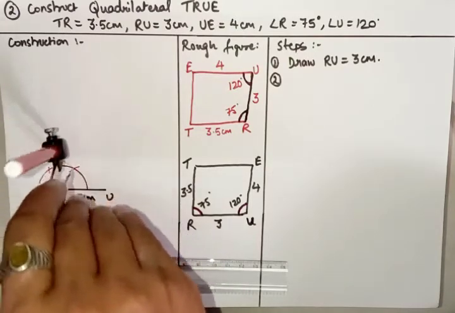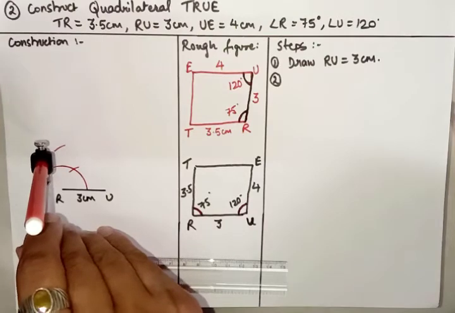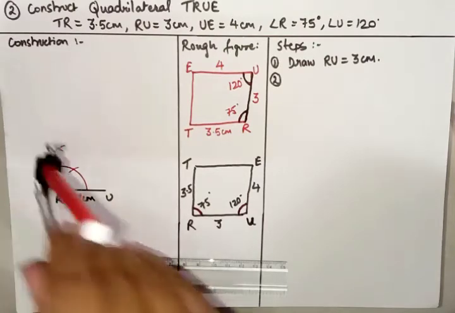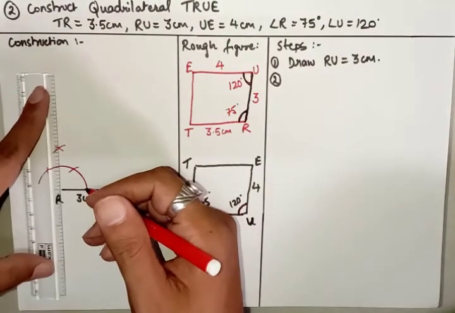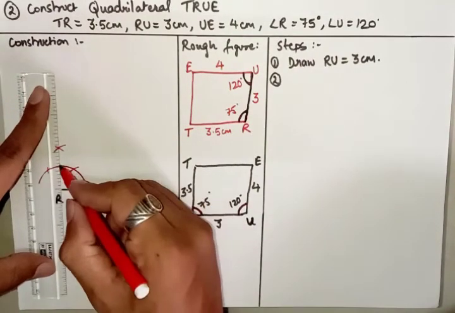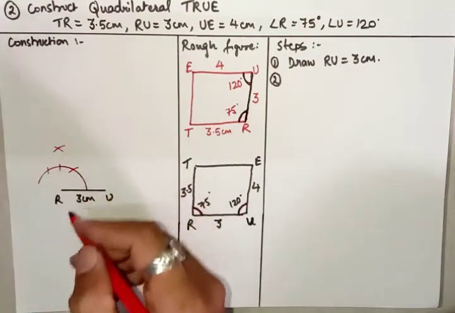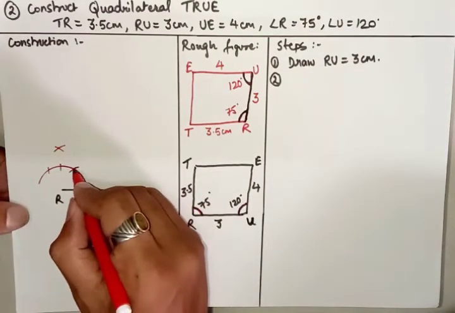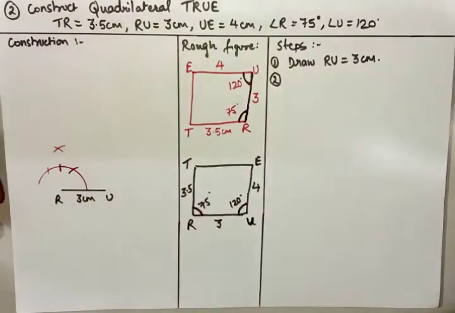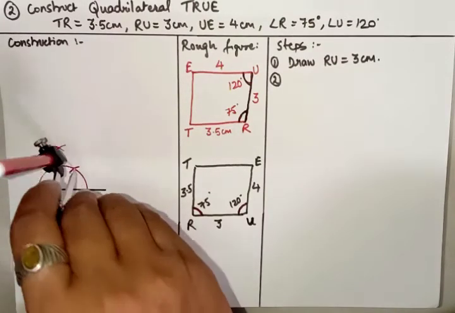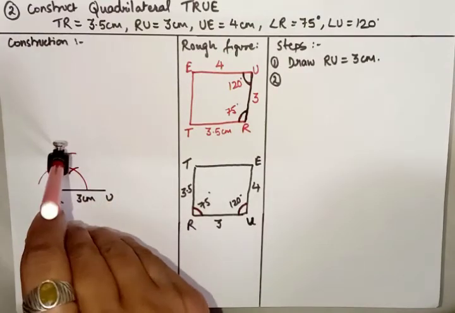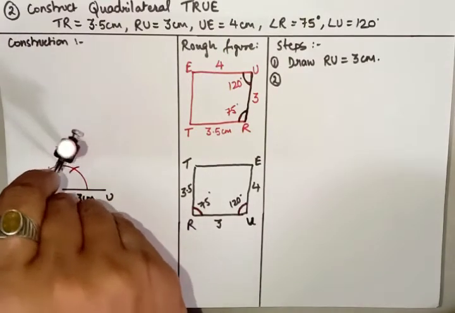Now between 60 and 120, I am drawing the bisector which will be of measurement 90 degree. So bringing this bisector onto this arc which we have drawn before, this is of 60, this is of 90. So in between 60 and 90, I will get 75 degree. So from here I am drawing an arc from these 2 points.